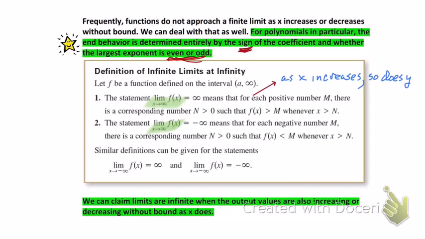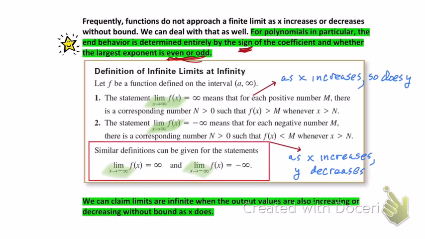So as x approaches positive infinity, so does y. That's one situation. Another one is here, which says as x is increasing still headed toward positive infinity, y is decreasing. In that case, the limit would be negative infinity.